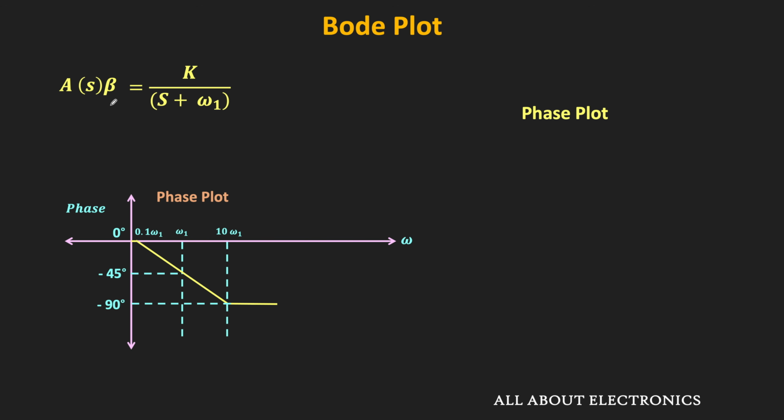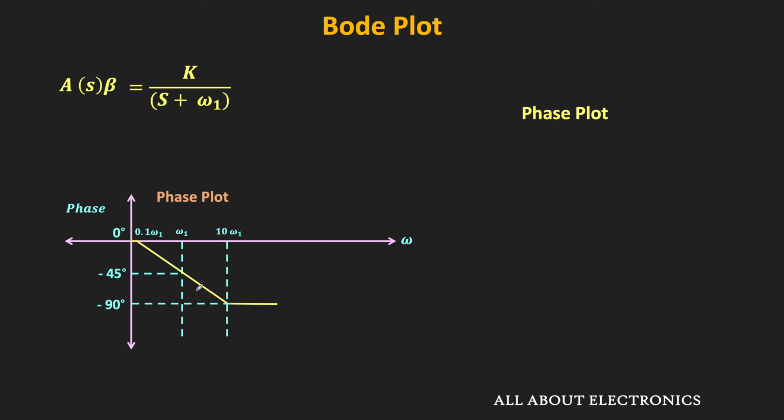That means a single pole will add a phase shift of minus 90 degrees, and this phase shift will be reached at a frequency which is 10 times the pole frequency. If the first pole occurs at omega 1, then at 10 omega 1 the phase shift of the plot will be equal to minus 90 degrees, and at the pole frequency omega 1, the phase shift will be equal to minus 45 degrees.